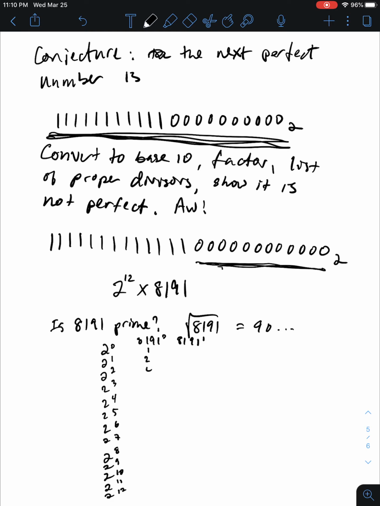Here we've got 1, 2, 4, 8, 16, 32, 64, 128, 256, 512, 1024, 2048, and 4096.